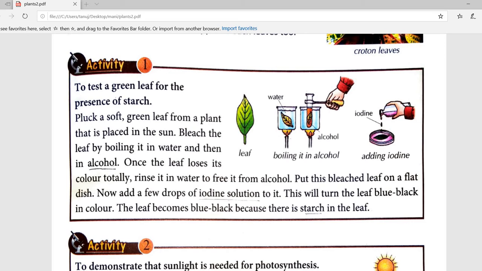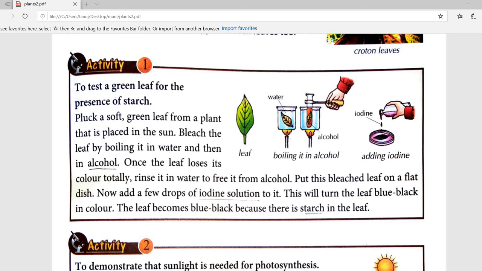We can pluck a leaf which is green in color, and we bleach the leaf in boiling water. After boiling this leaf, we can keep it in alcohol also. Afterward we bleach the leaf in alcohol too.